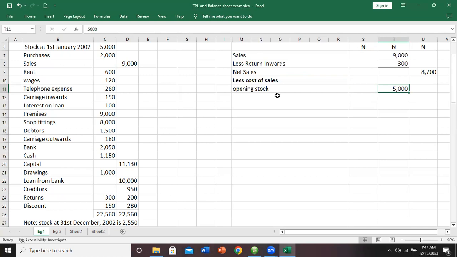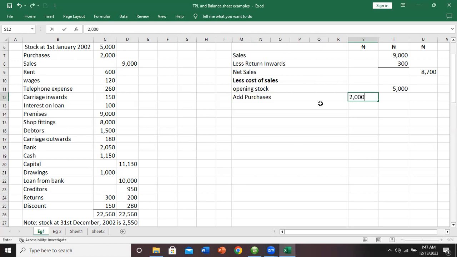And then you add purchases, but again, you acknowledge that you need to work out the carriage inwards and return outwards on the purchases. So we write add purchases. In this question, we have carriage inwards and return outwards. So we need to put the purchases at the first column, and the purchase figure is 2,000.